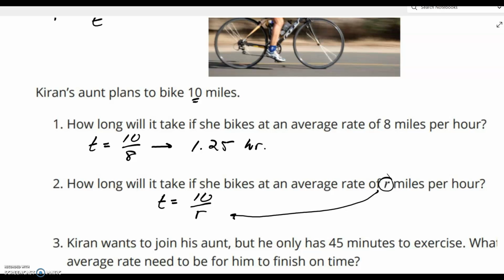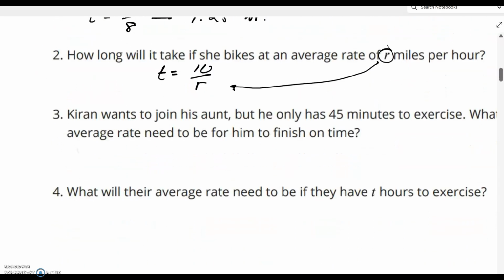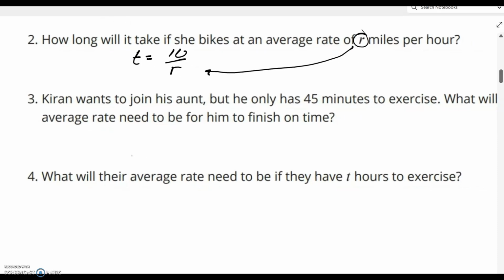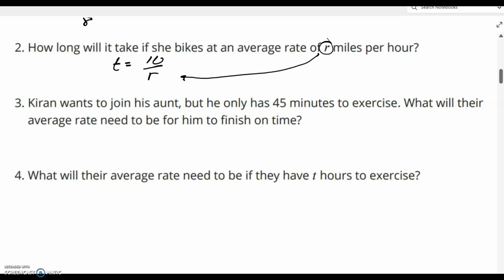Okay, now number 3 here, Kieran wants to join his aunt, but he only has 45 minutes to exercise. What will their average rate need to be for him to finish on time? So now we want to know what is the rate, and I know the rate is the distance divided by the amount of time.